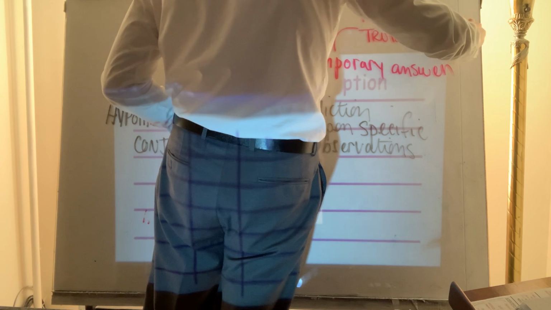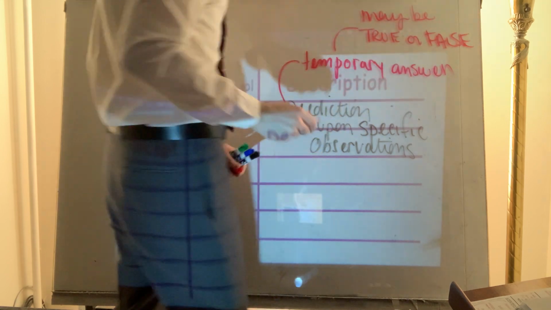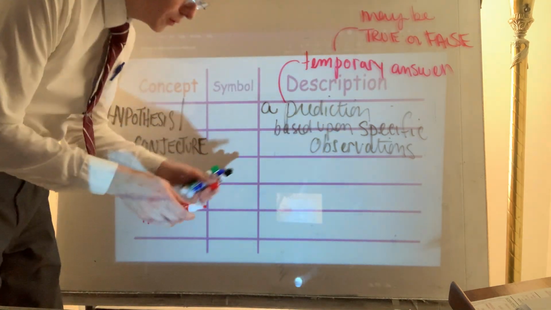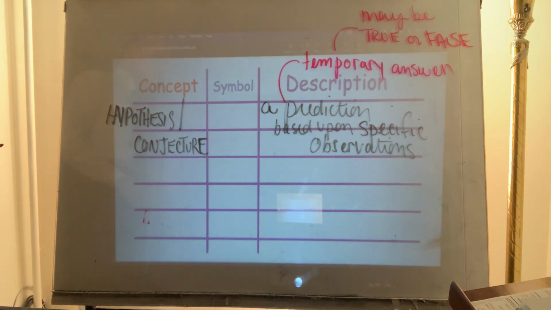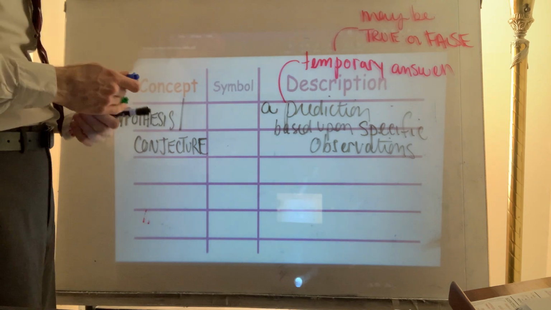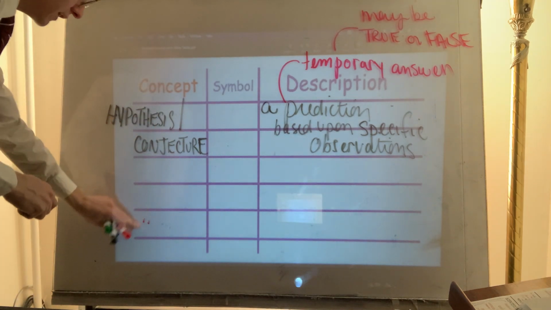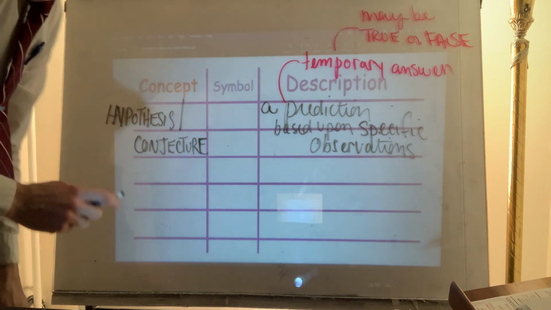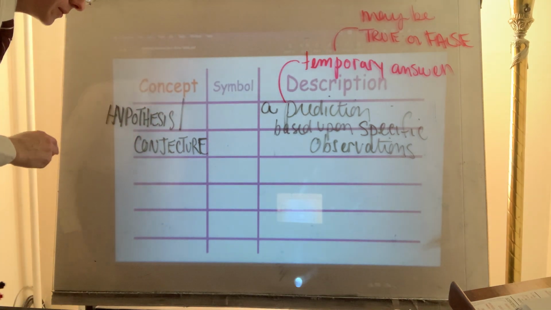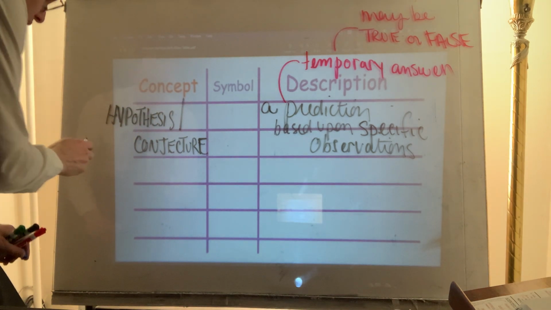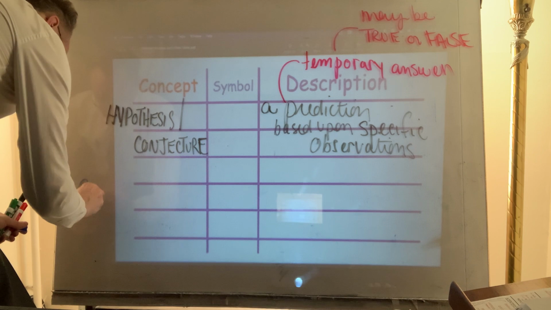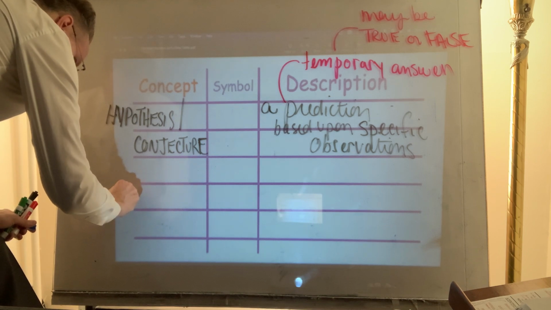Because until something is thoroughly tested, we don't know if it's true or not. It's just an educated guess for the time being. Often is the case, you look for something to prove something false, we look for something known as a counterexample.